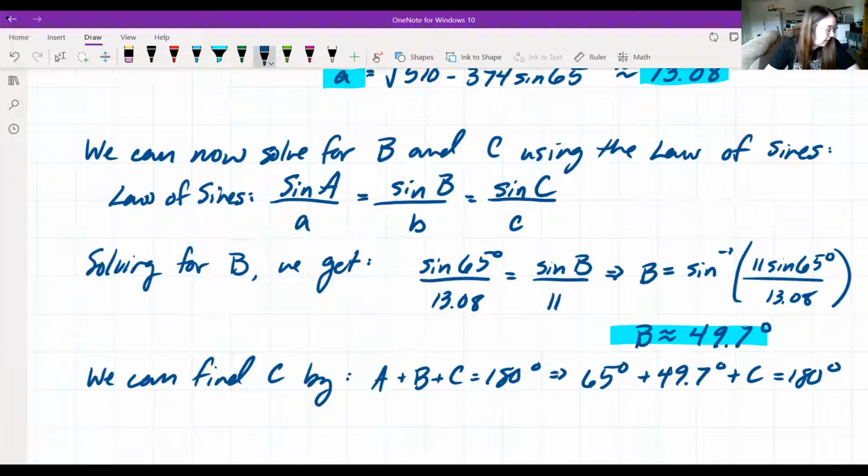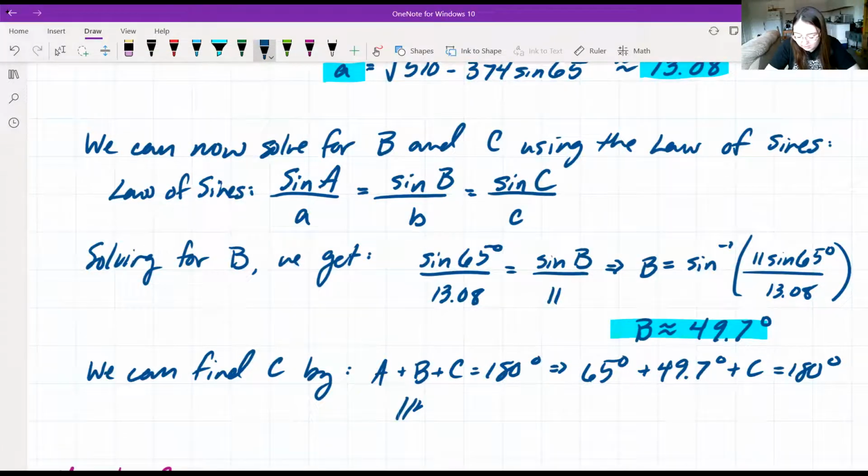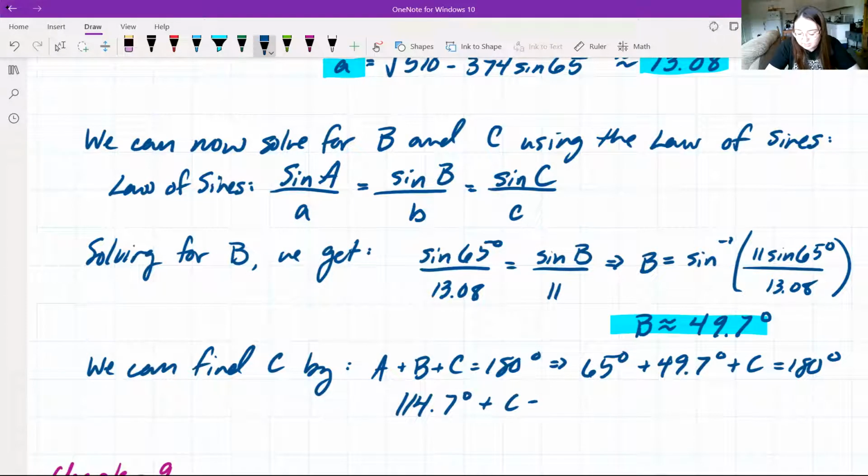Adding these values up, we get 114.7 degrees plus C is equal to 180 degrees. So solving for C, we get that C is equal to 65.3 degrees.